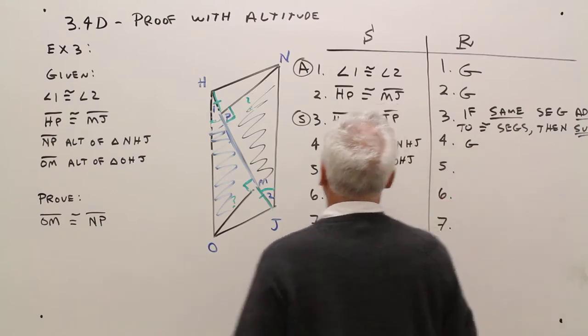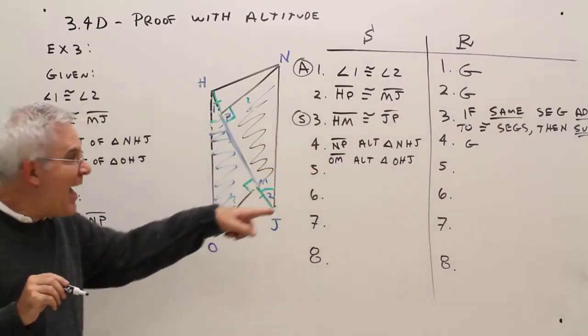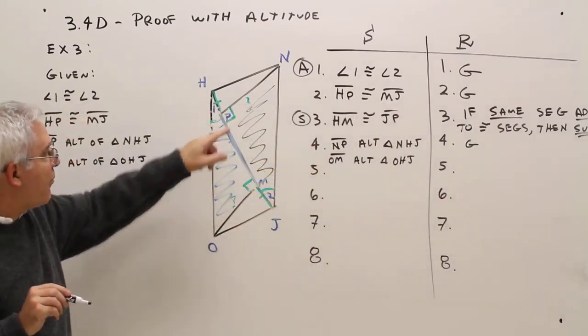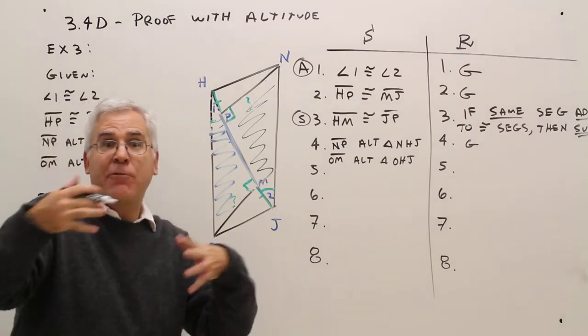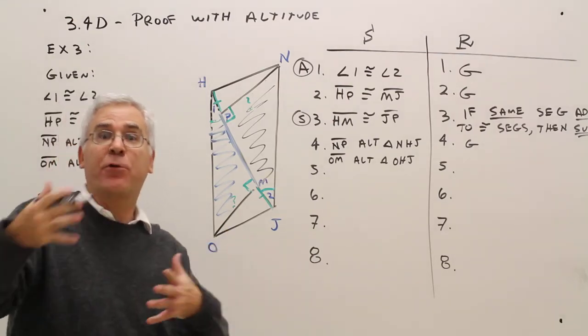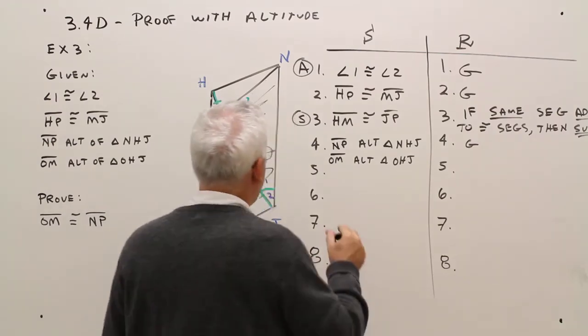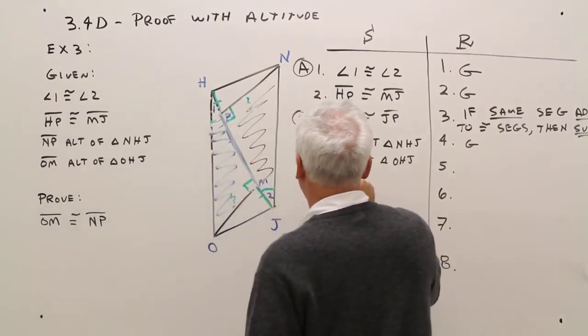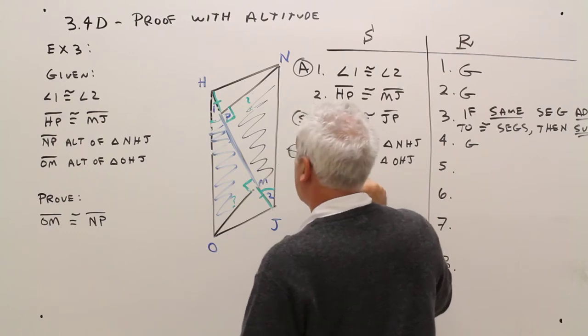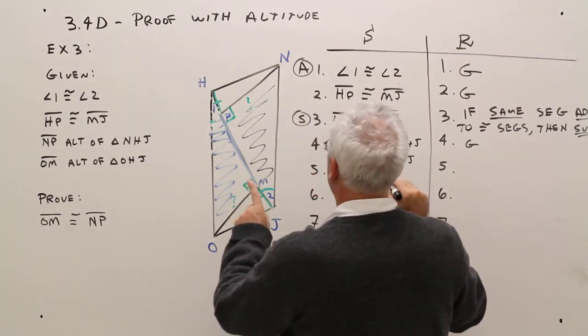That was given. And then from that I can get the right angles. If altitude, then right angle. You could also say if altitude, then perpendicular, whichever route you want to go. The definition had both.